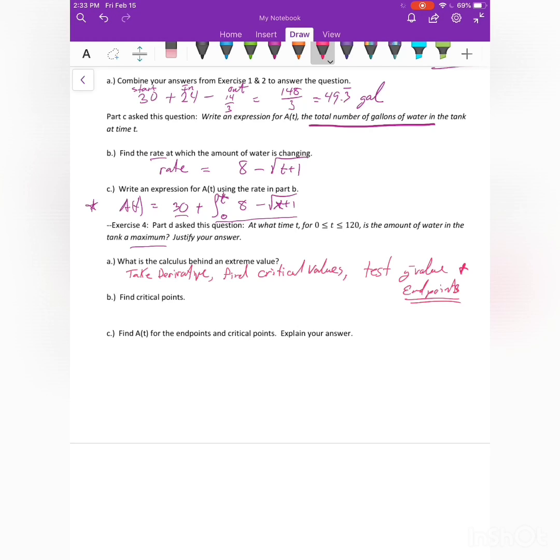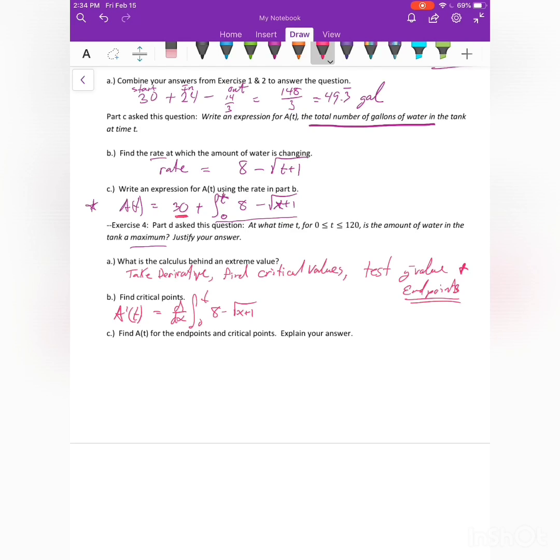So critical values, that's part B here. Critical values, in order to find them, we need to take the derivative. So if you take the derivative of that equation, well, the derivative of 30 is just a constant, so that is gone. And if you take the derivative of that integral up top, hopefully this looks familiar.